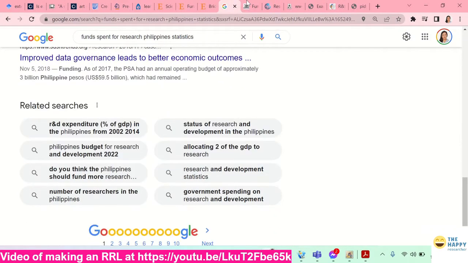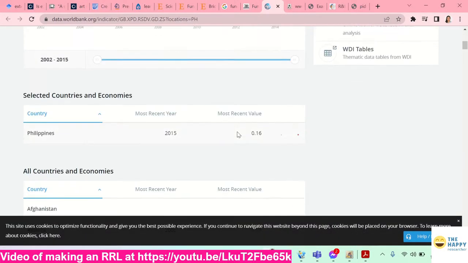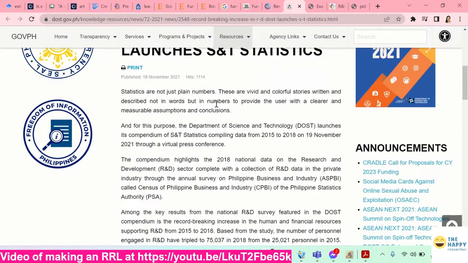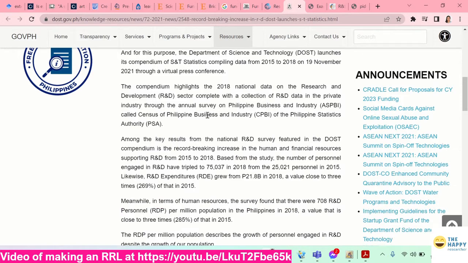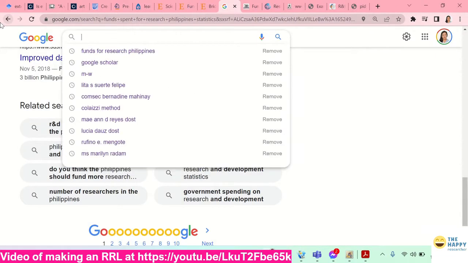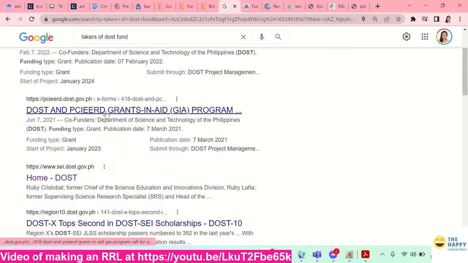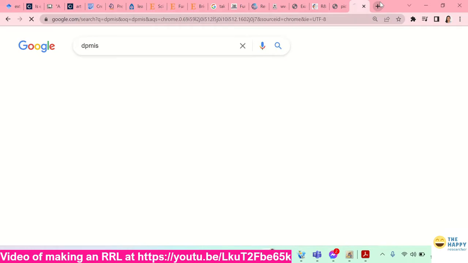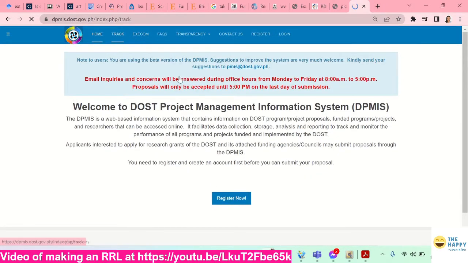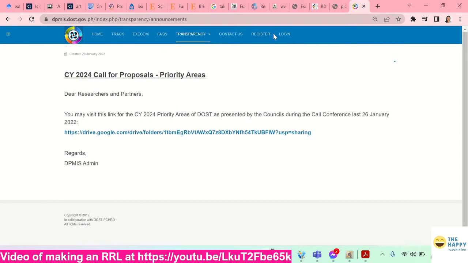Our budget comes from the Department of Budget and Management, from, of course, the Filipino taxes, and this is a fixed amount that is set by law, the General Appropriations Act, identified annually.